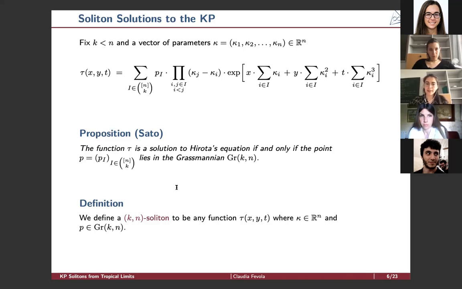In particular, any tau function of this shape will be called a KN soliton, and the solution that we build out of this tau function will be called a soliton solution to the KP equation.